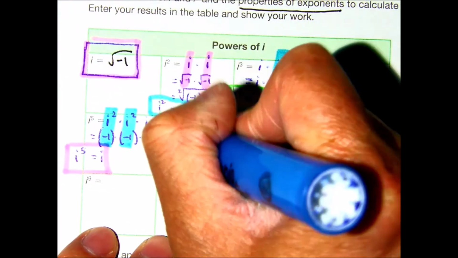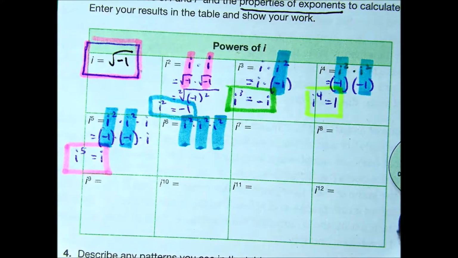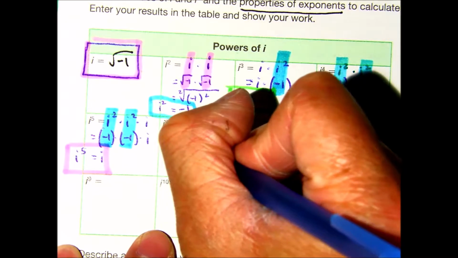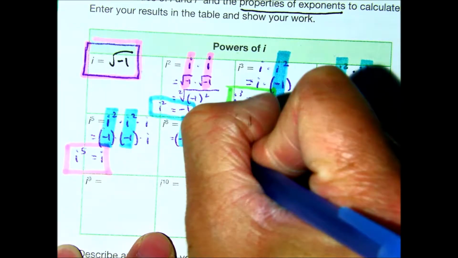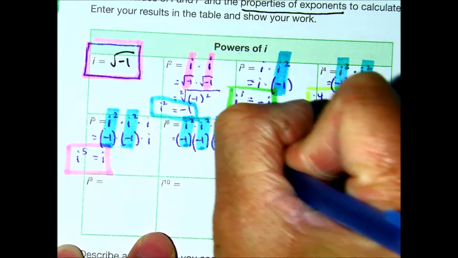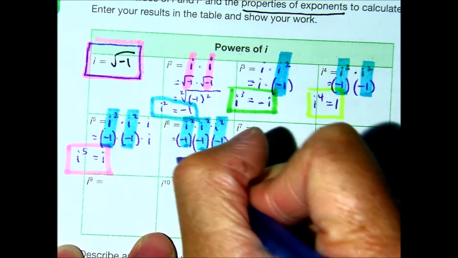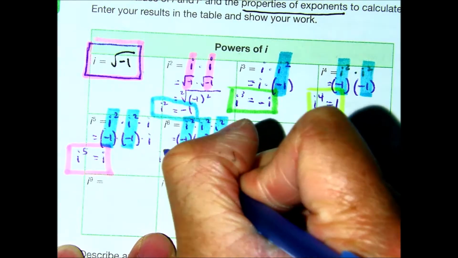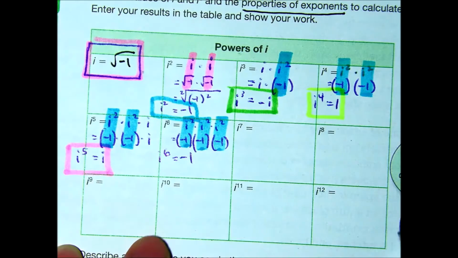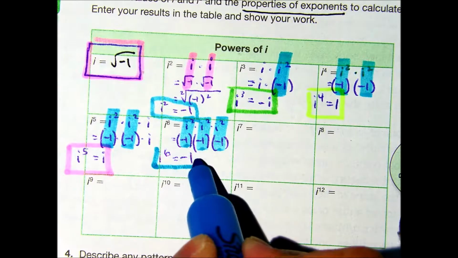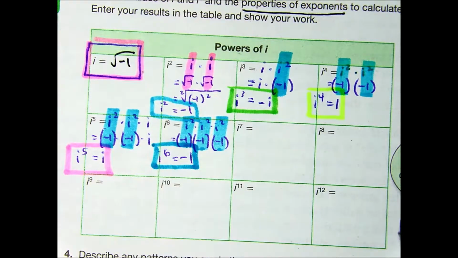Jeremiah, i squared is equal to? And negative 1 times negative 1 times negative 1 is? Negative 1 is correct. Raise your hand if you got that. So these students are using the laws of exponents to break them apart and use the other puzzle pieces that we just figured out.